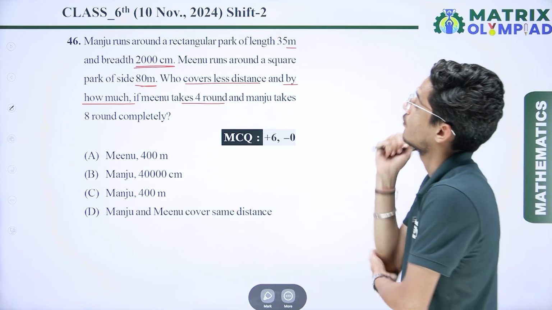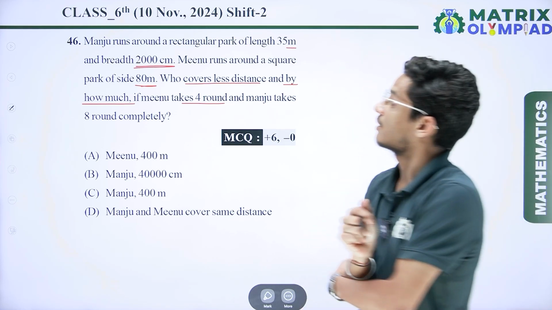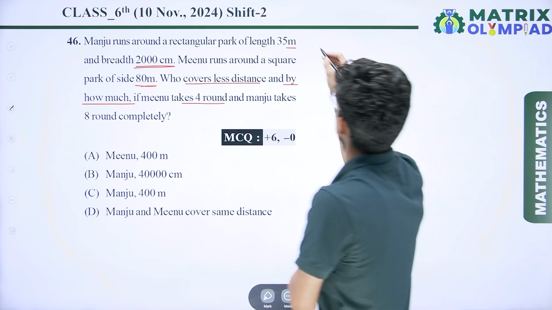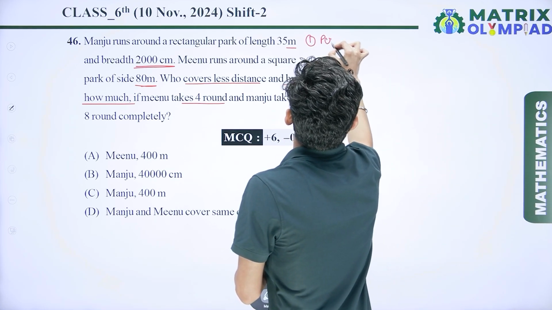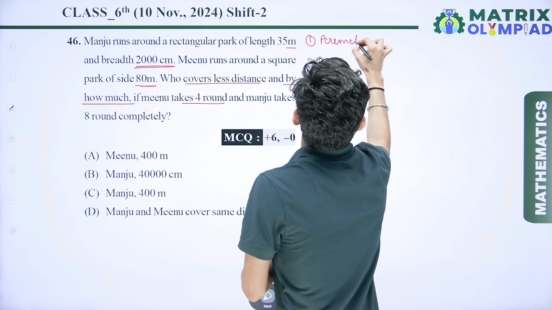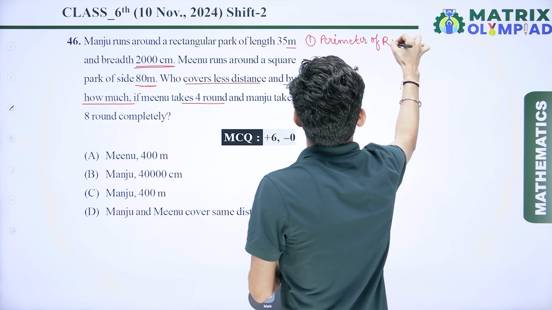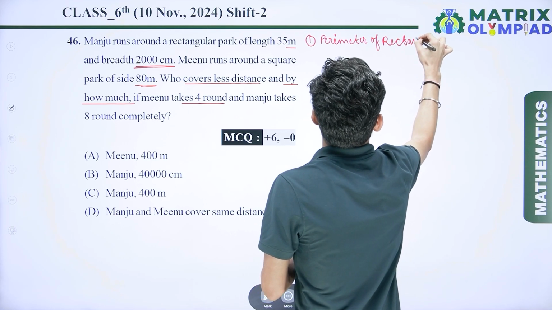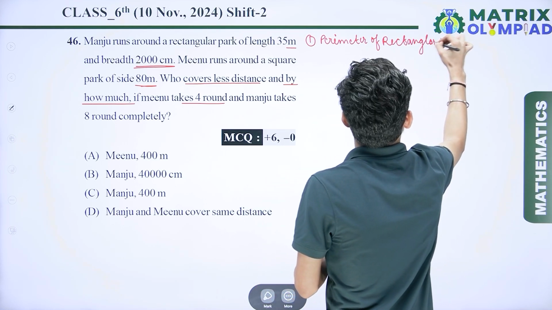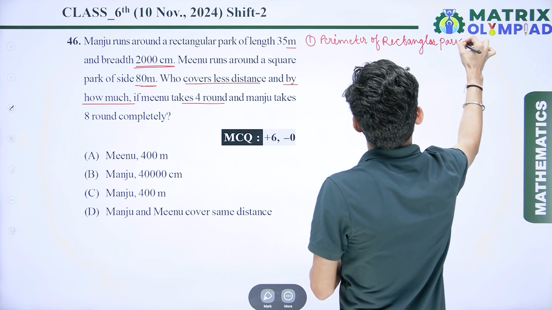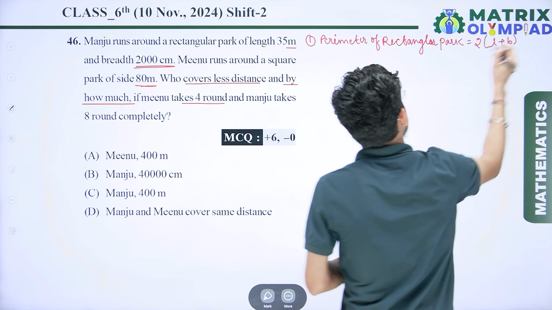So first we have to find the perimeter of the rectangular park and the perimeter of the square. First, Manju's rectangular park: the perimeter is 2 times length plus breadth.